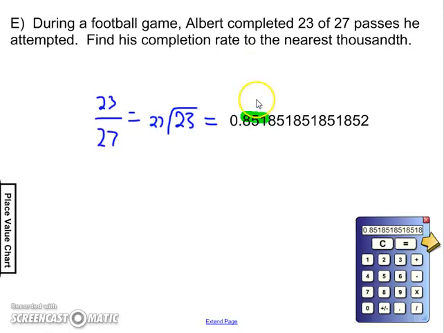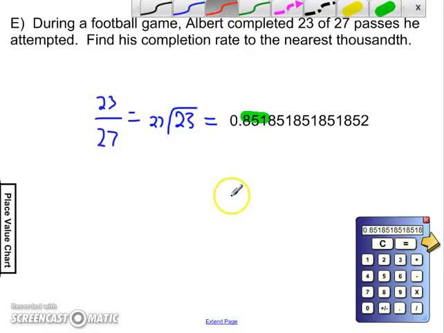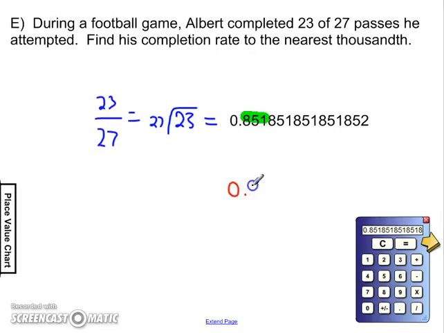Basically it comes down to, is this 851 or 852? Then we use our rules. The next number after the 1 is an 8. 5 or higher rounds the 1 up to 2, and that's definitely bigger than 5. So we are going to 2. So 0.852 is his completion rate to the nearest thousandth.